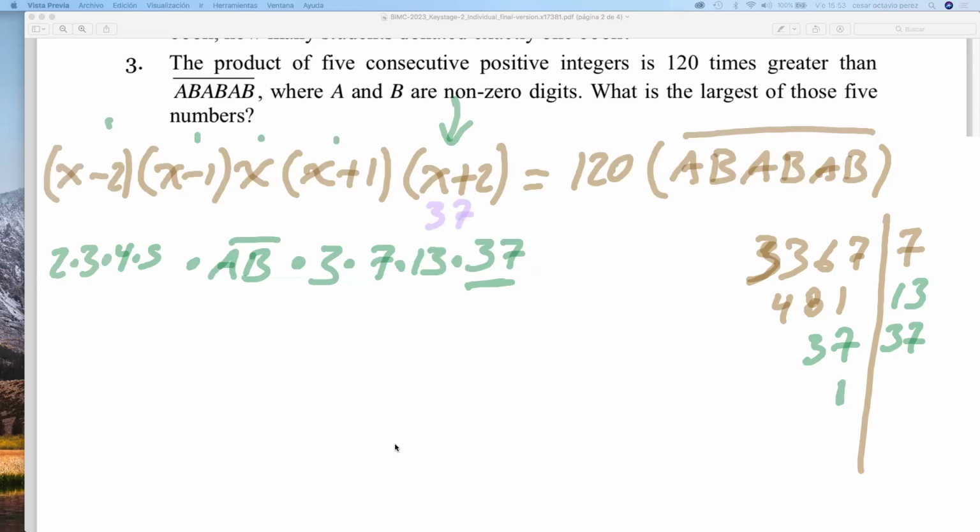If this is 37, we need to construct 36, 35, 34, and 33. 34 is 17 times 2.